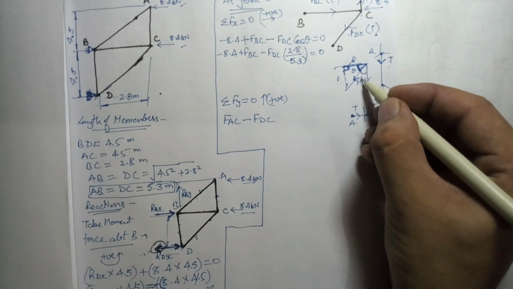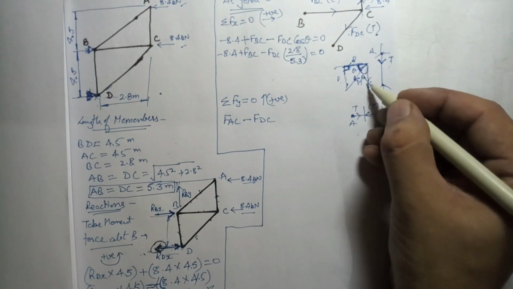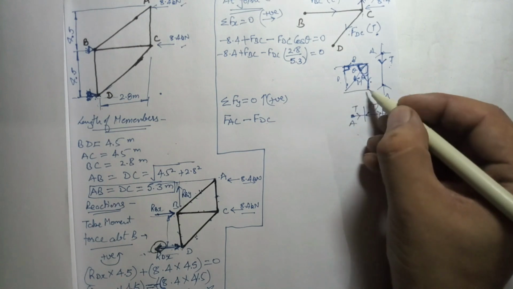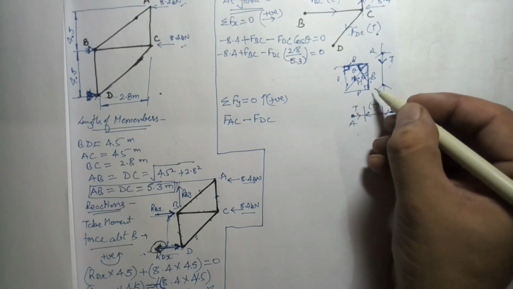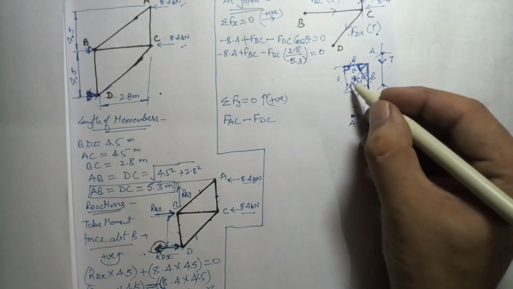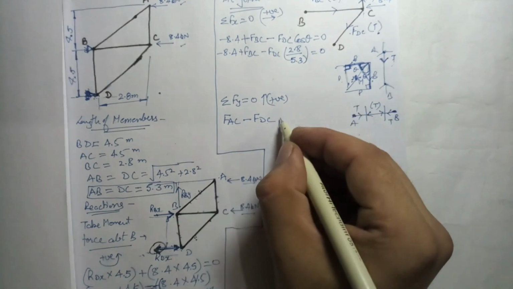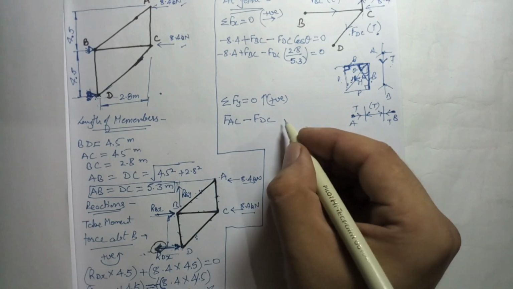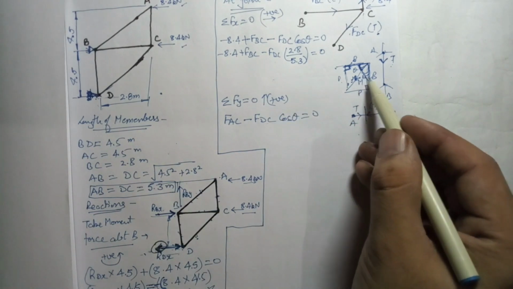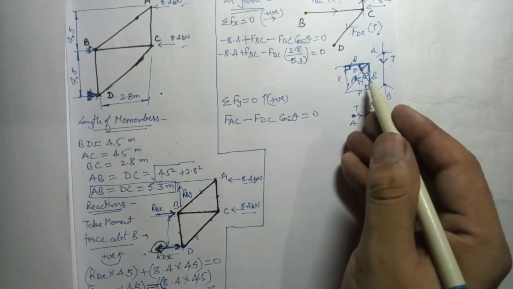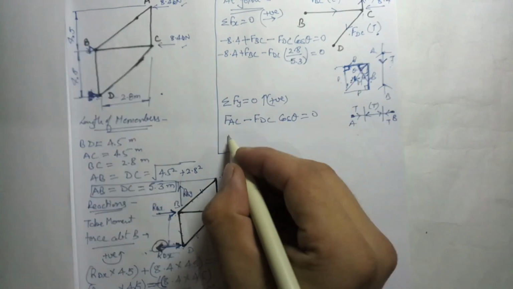If I take this theta, meaning this force and this theta, then I can say it will become base and it is hypotenuse and it is perpendicular. So this will be base upon hypotenuse. So for FDC, I can again take cos theta here. Don't worry, we can take cos theta in this also. So cos theta, now it will be this base upon hypotenuse.